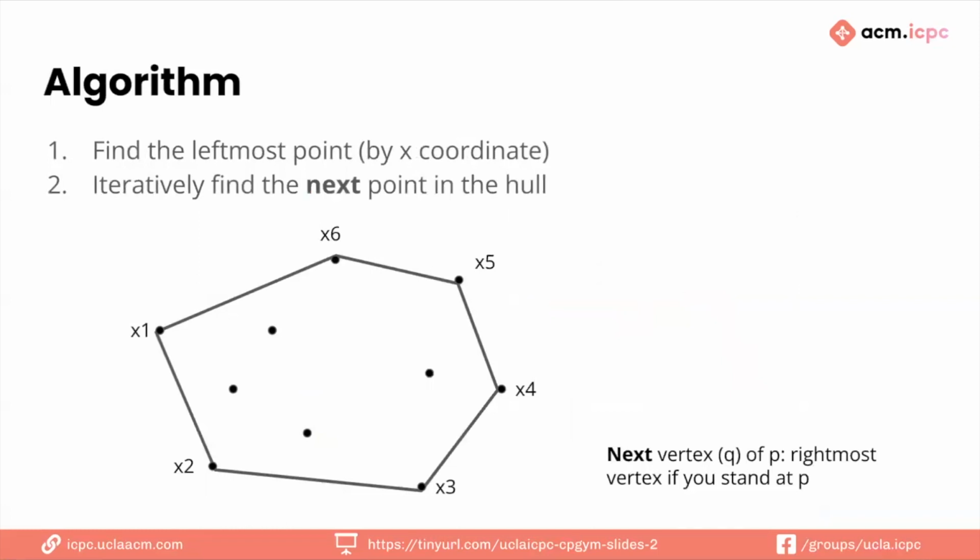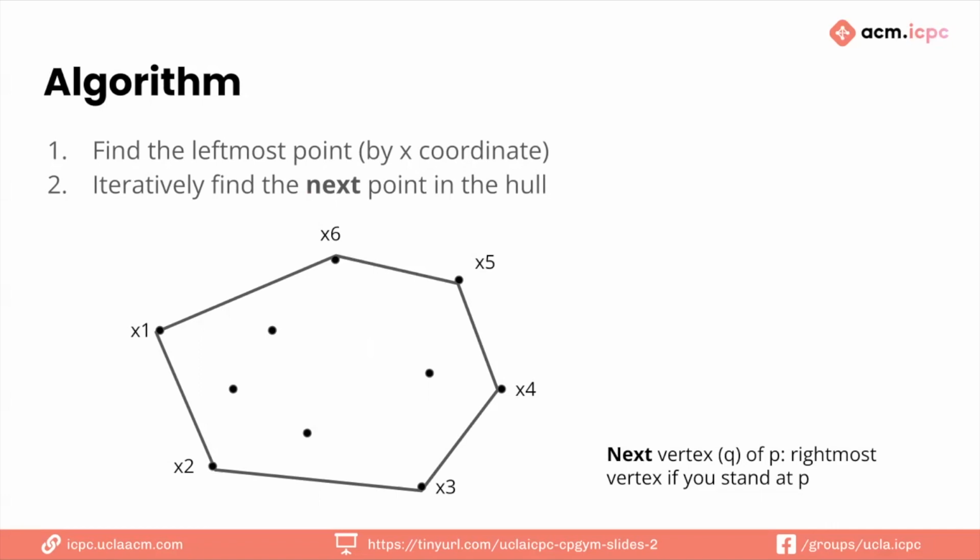So what we need to do is to find the leftmost point out of all the points, which is pretty easy. We just need to find the smallest number in the 1D array of x coordinates. And the next step is a bit more complicated. We need to iteratively find the next point in the hull, starting from that point.